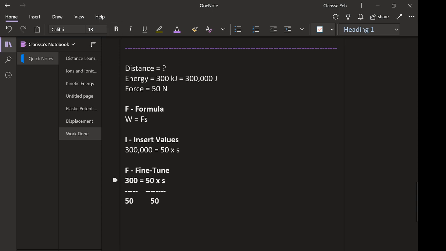These 50s here cancel out on the right hand side. And I'm left with 300,000 divided by 50 equals s. And then I stick it in my calculator or I do it in my head. 300,000 divided by 50 is going to be 6,000.